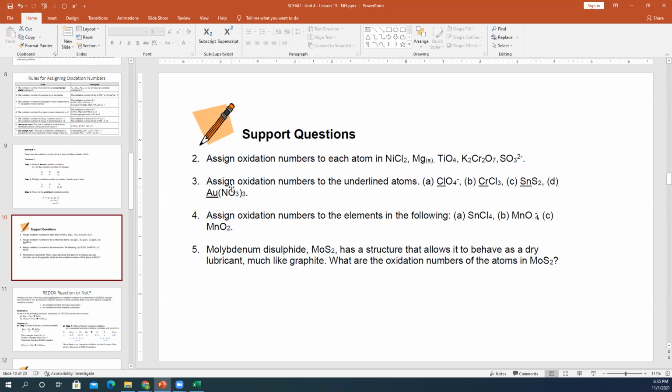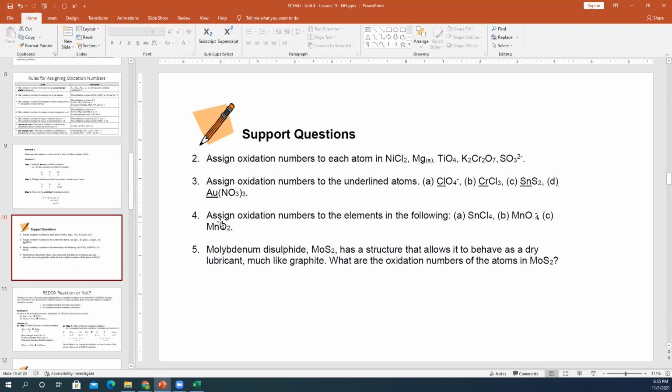In number 3, you're asked to assign oxidation numbers to the underlined atoms. So figure out what's the oxidation number for the chlorine here. What's the oxidation number for chromium? What's the oxidation number for tin? What's the oxidation number for gold, I guess.